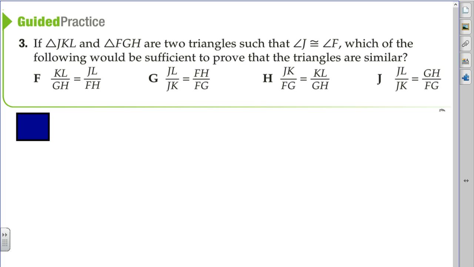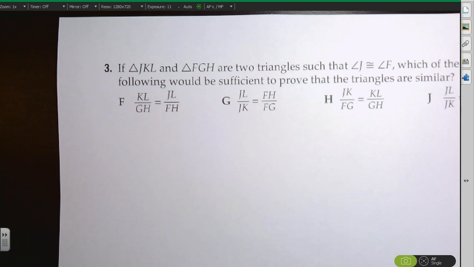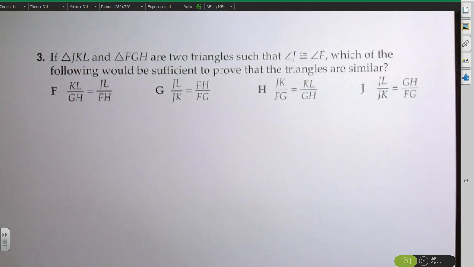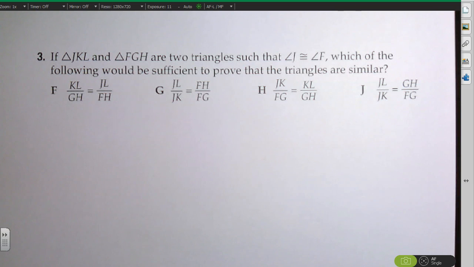Which of the following would be sufficient to prove the two triangles are similar? So, again, pause it if you need to. Try to work through it, make your best guess, and then I'm going to answer the question, then I'll go through it. All right, so here we go. So JKL and FGH. Okay.